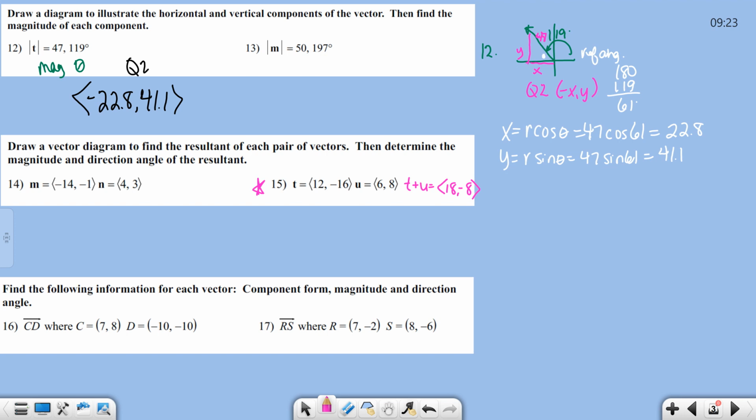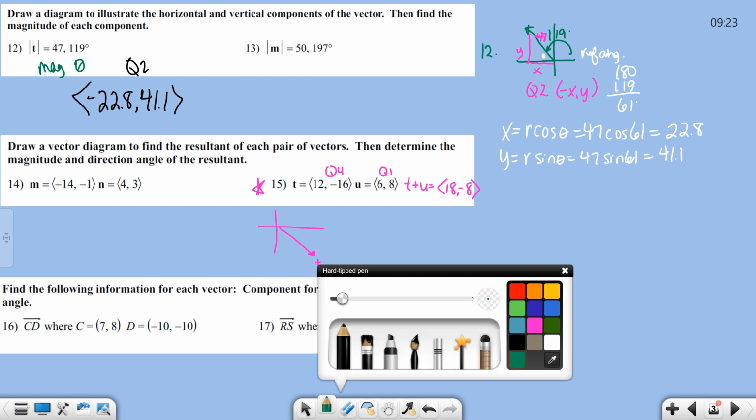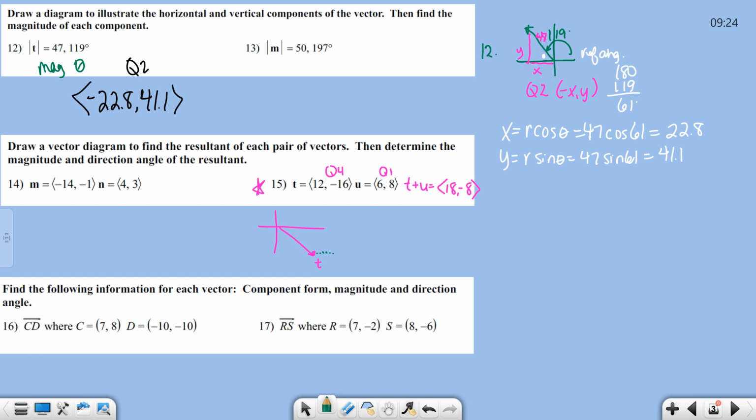If I were to sketch, vector t is in quadrant 4, and vector u would be in quadrant 1. So I'm going to go to the right 12 and down 16. There's vector t. From the end of vector t, I have to go to the right 6 and then up 8. So here is the addition of vector u.